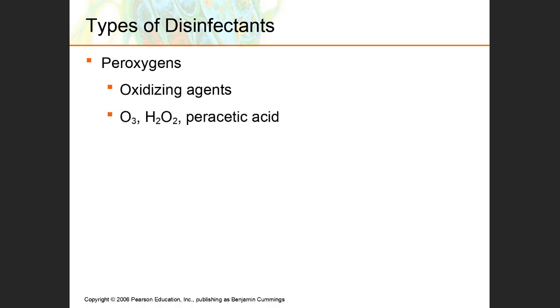The peroxygens are very strong oxidizing agents. You already know what H2O2 is, right? What's H2O2? Hydrogen peroxide? Yep, hydrogen peroxide.